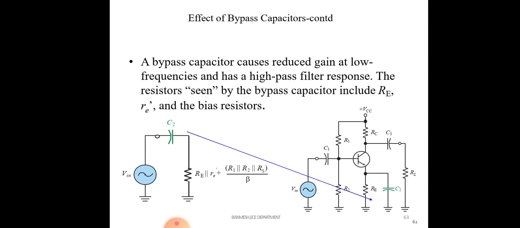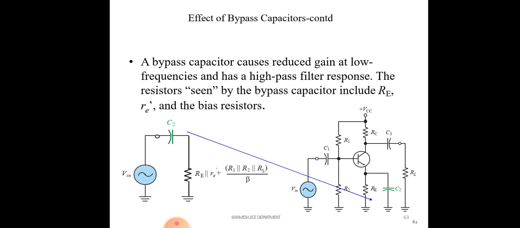Now the effect of the bypass capacitor. A bypass capacitor reduces the gain at low frequencies and has a high pass filter response. The resistance seen by the bypass capacitor includes RE and re dash. Re dash is nothing but the emitter junction resistance, and also the bias resistors.